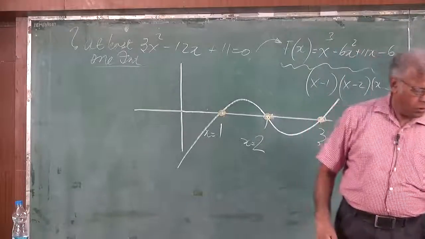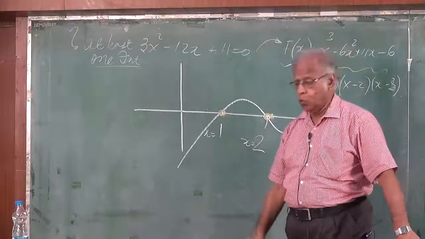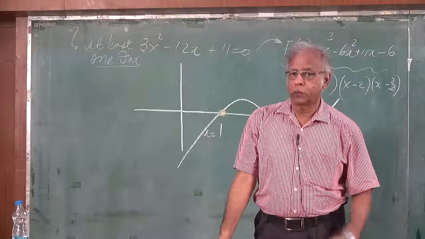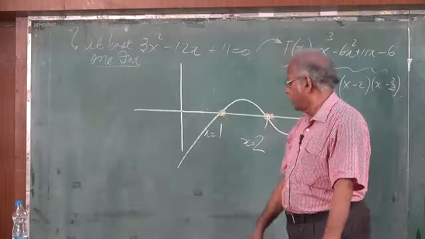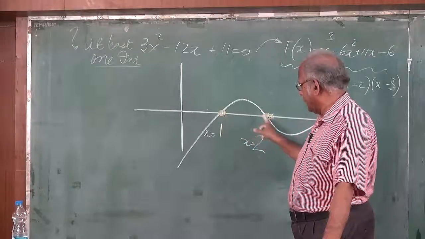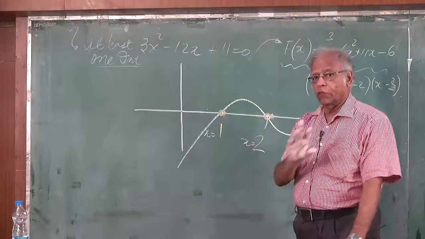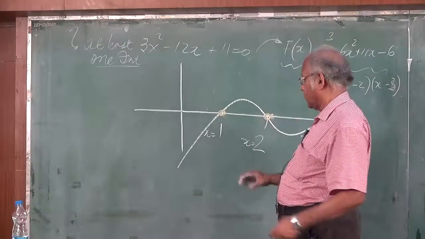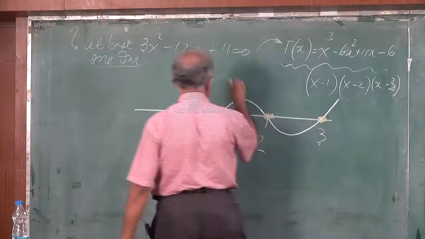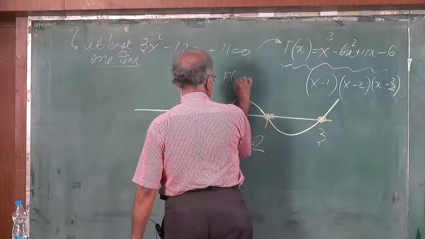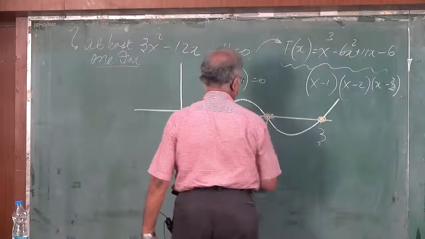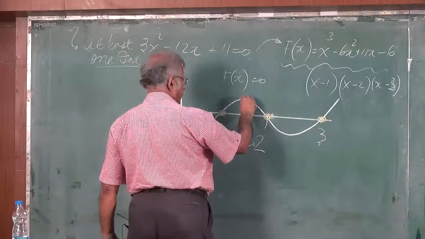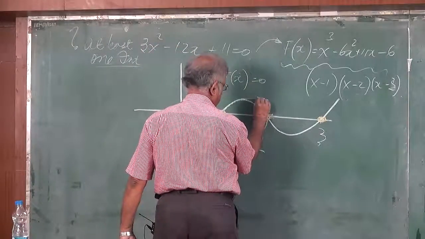Now, Rolle's theorem as applied to theory of equations is stated as follows, which one is very evident also. Between any two roots of a function fx is equal to 0 of an equation, between any two roots of fx is equal to 0 must lie at least one root of f dash x is equal to 0.